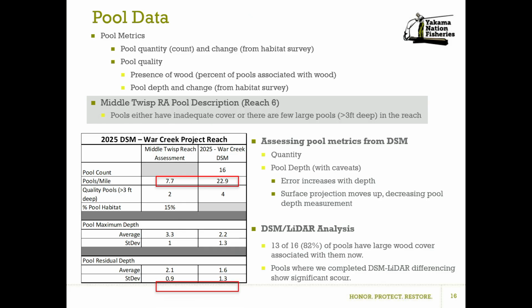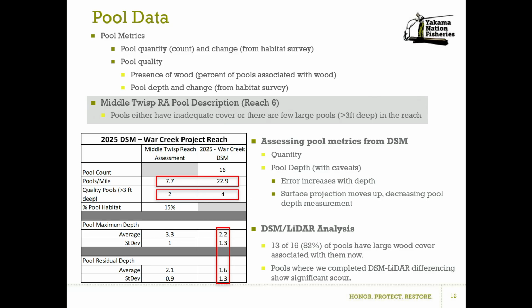The quantity of large, deep pools moved from 2 to 4. And we did have some decreases in residual pool depth and maximum pool depth because we increased the quantity so much that we just don't have the same few deep pools. We've got a lot of diversity out there on the landscape.